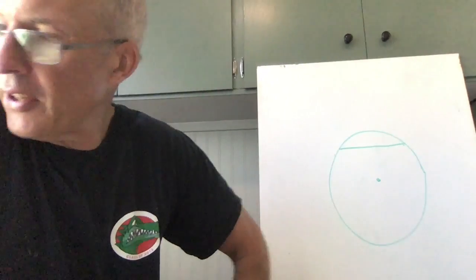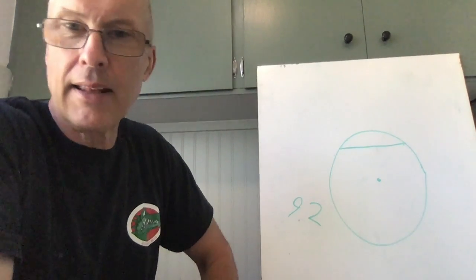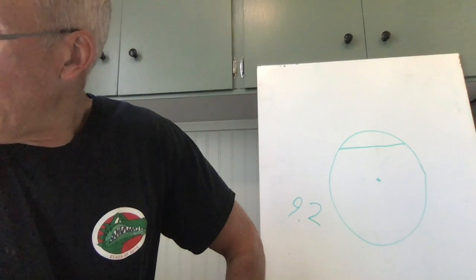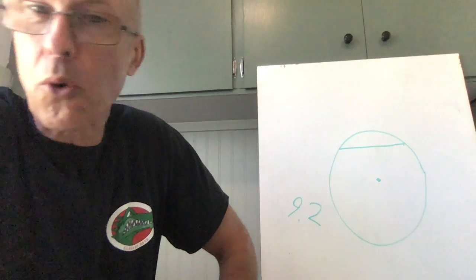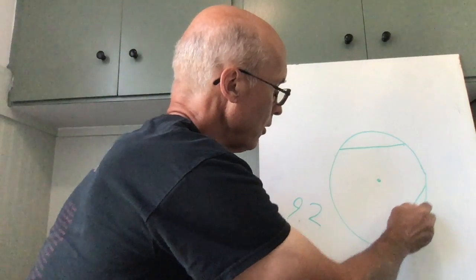So the first thing they start with is theorem 9.2. And it says that in the same circle, two minor arcs are congruent if and only if their corresponding chords are congruent. So let's just draw another chord.